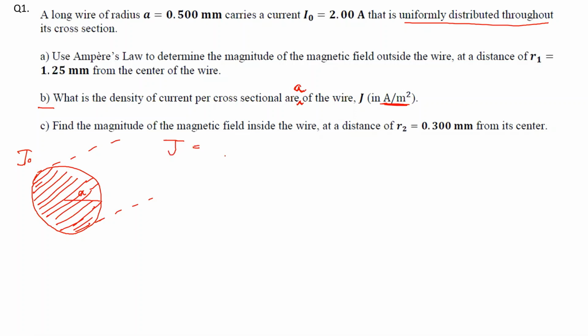Current density is the current divided by the cross-sectional area. That is how you define the current density: the current divided by the cross section that it goes through. Here it's this circle, this is the cross section.